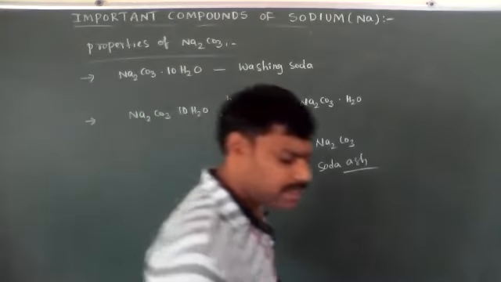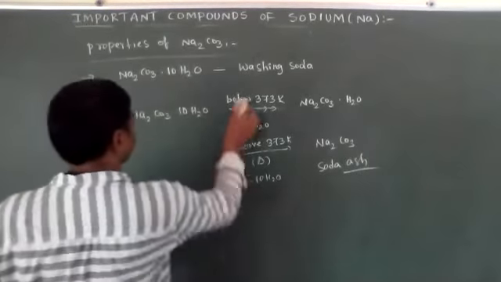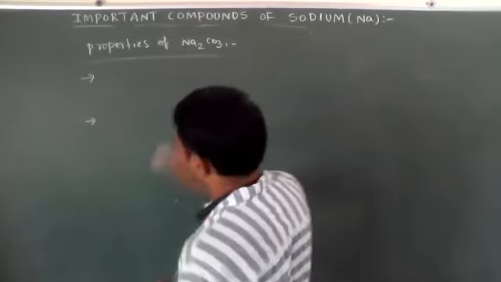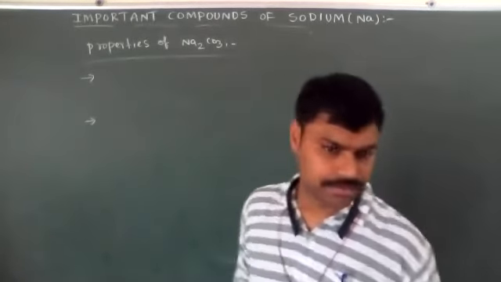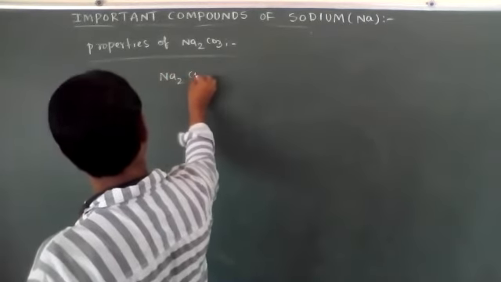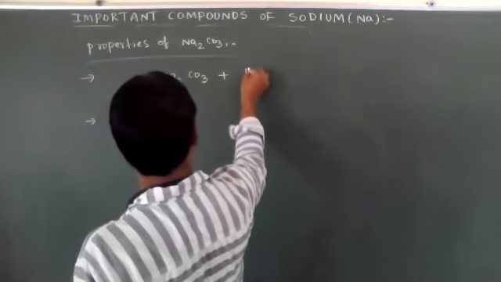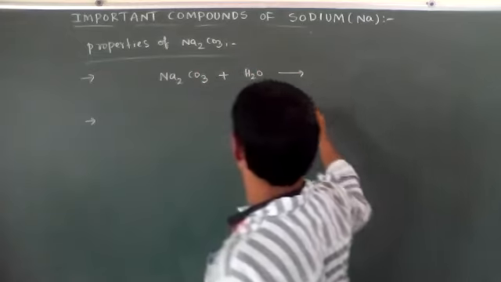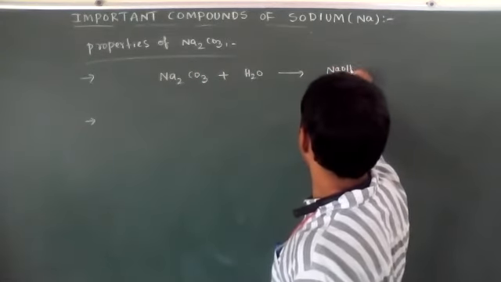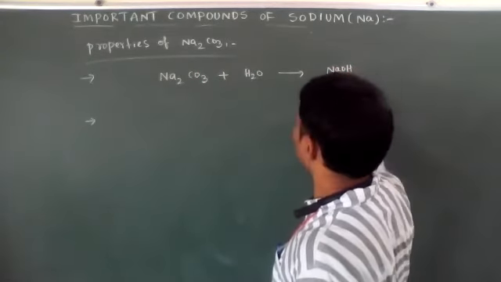Okay, students, let's listen. Another important point related to sodium carbonate is that sodium carbonate is a salt of a strong base and a weak acid. Na2CO3, if you keep it in water, forms NaOH, sodium hydroxide, 2 moles, and H2CO3, carbonic acid.